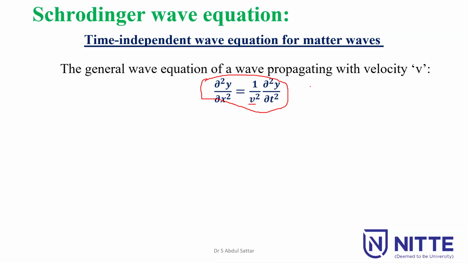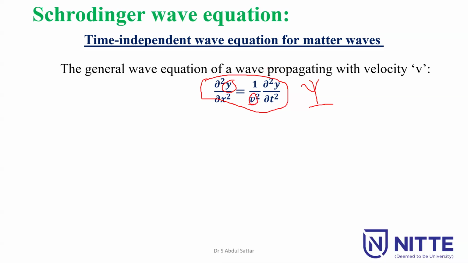But in the case of matter waves, we replace this y with psi, which is known as the wave function. This can have all the information about the system. And in this equation, v is the velocity of the wave.